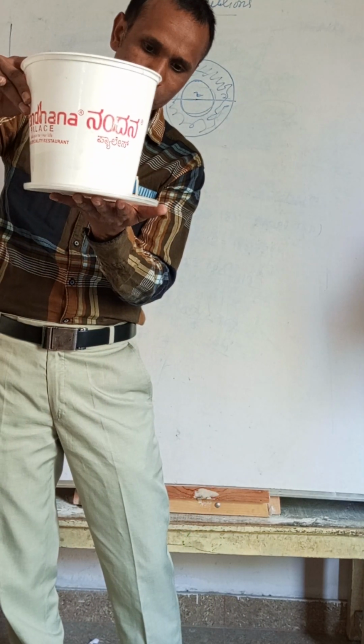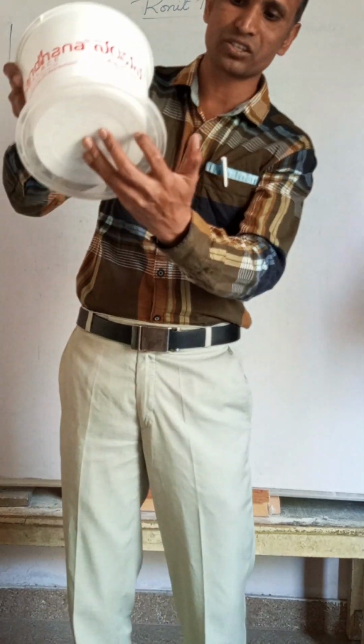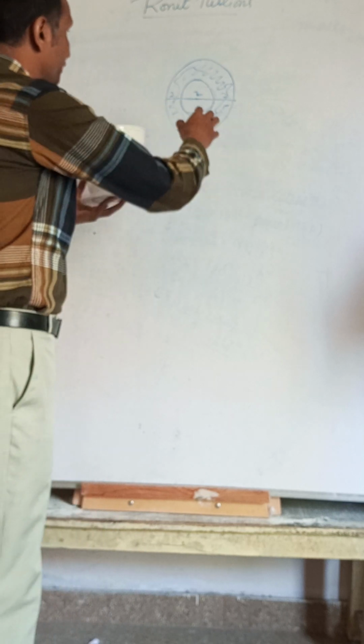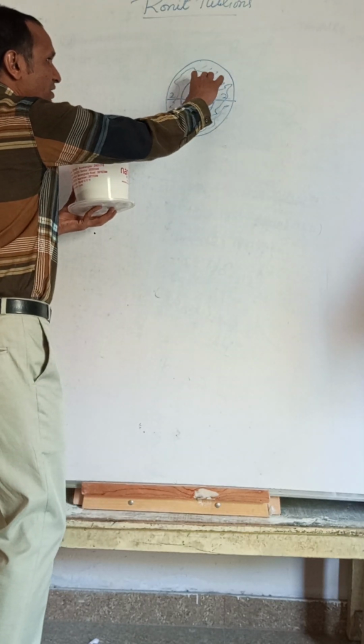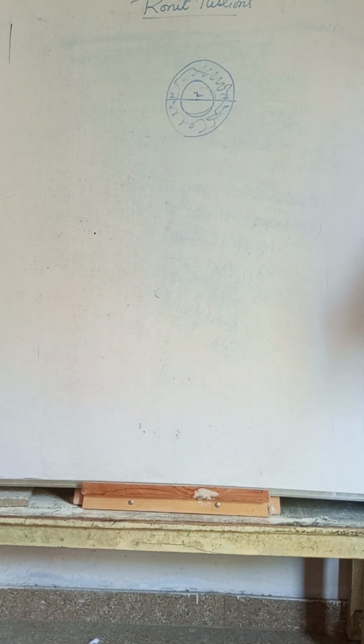If I keep it on this one, they are sharing only this much area. Means if we take out the area of the starting circle, only that area they are sharing. Just that's all. So what can be done?